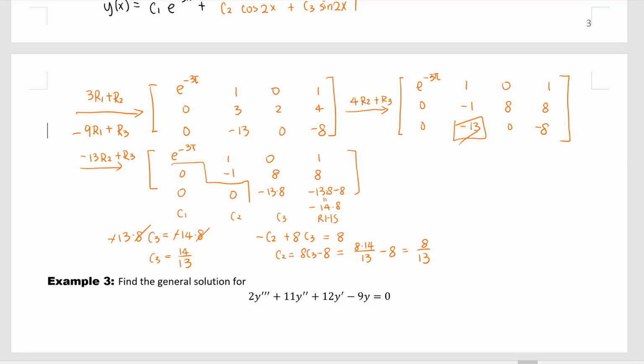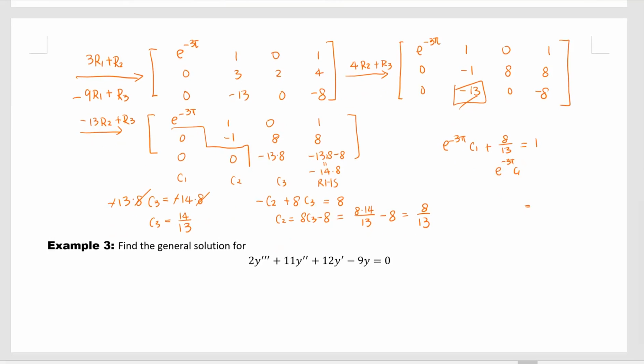We have e to the negative 3 pi C1 plus C2. C2 is 8 over 13 equals to 1. So e to the negative 3 pi C1 is 5 over 13. So C1 is 5 over 13 times e to the 3 pi. We multiply both sides by e to the 3 pi to get rid of the e to the minus 3 pi on the left.